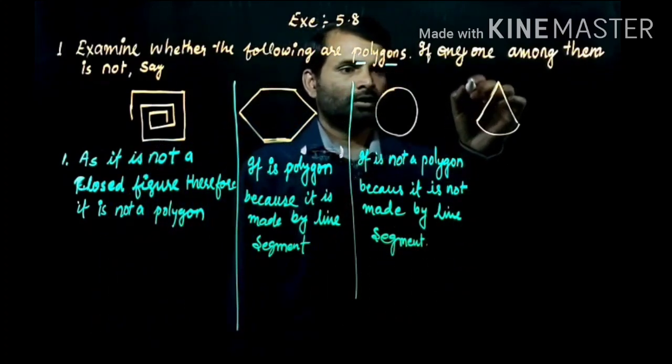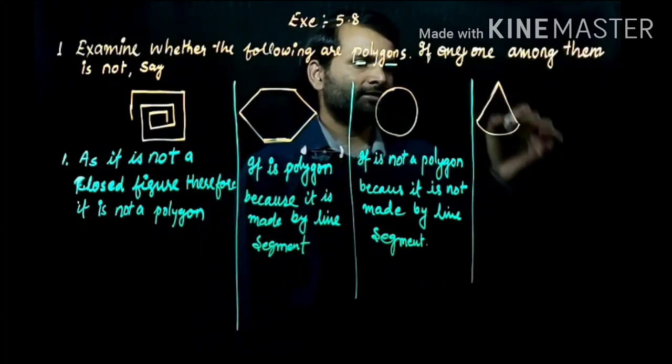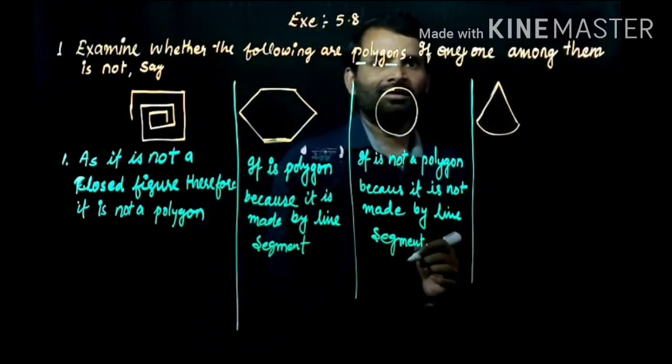Okay, and the fourth diagram is a closed curve with two line segments and one down side curve.